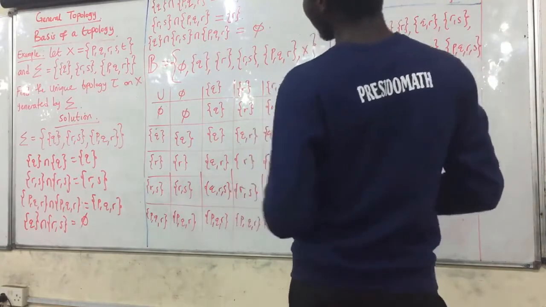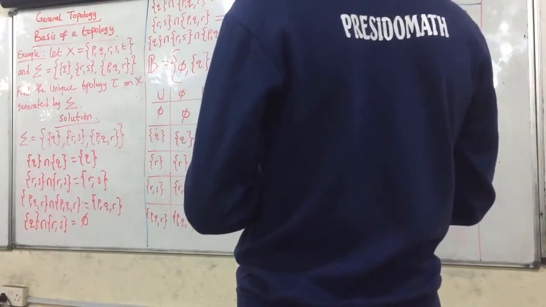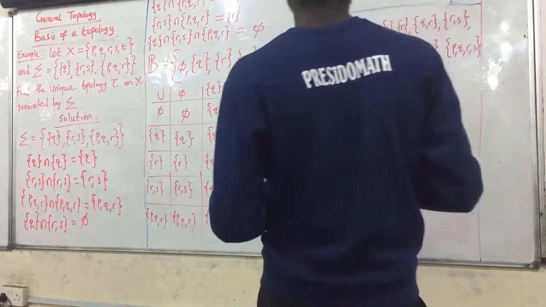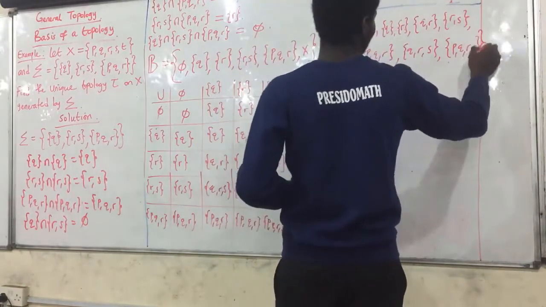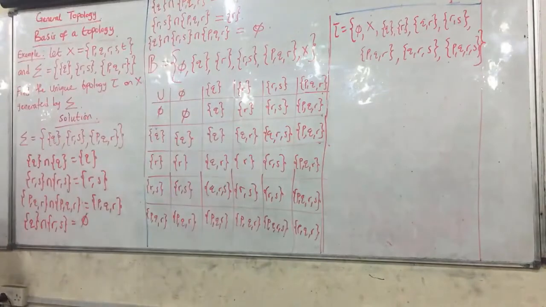What again do we have that we have not mentioned? Close curly bracket. So that's the unique topology that we are going to obtain.